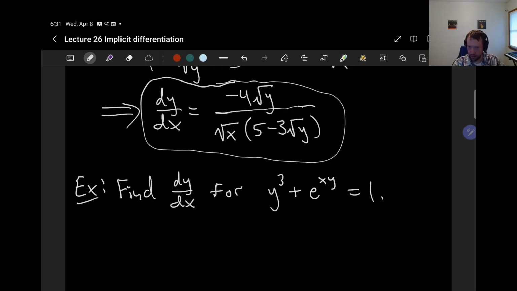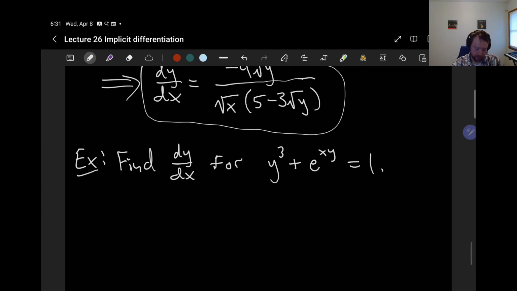Okay, this is an implicit relationship where y does depend on x, but not that nice tidy y equals f of x formula.